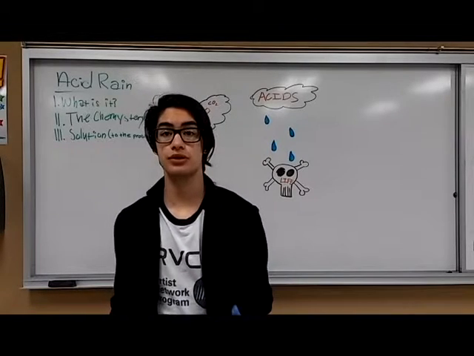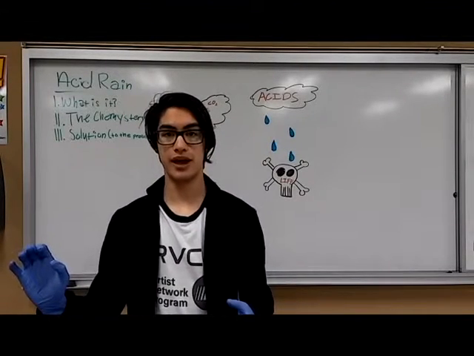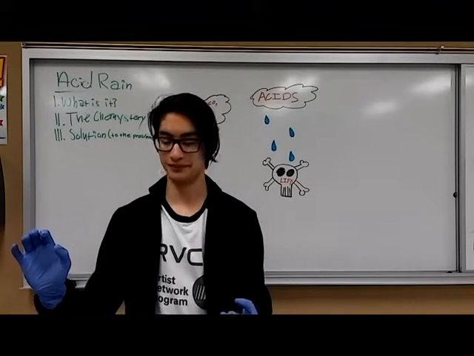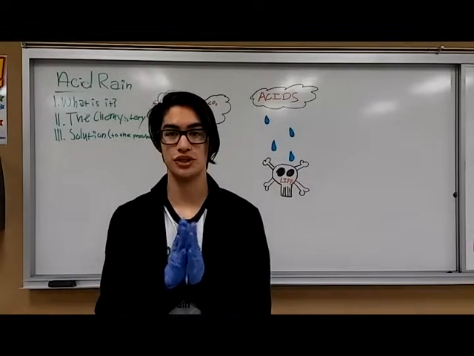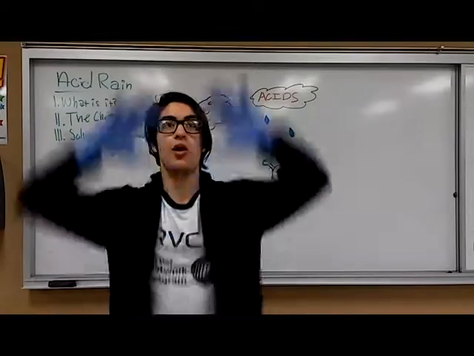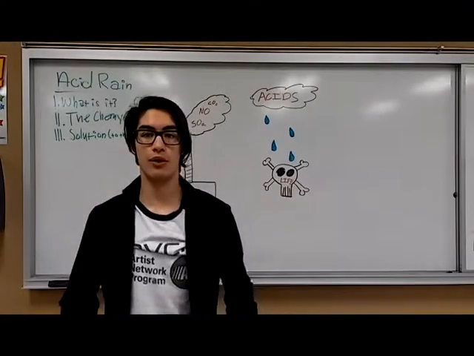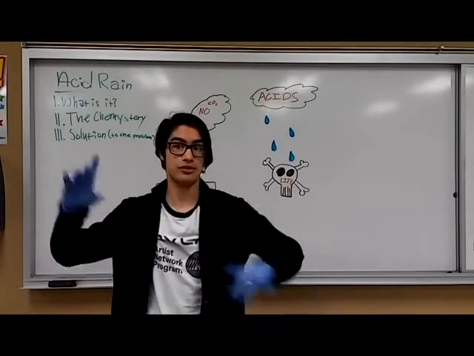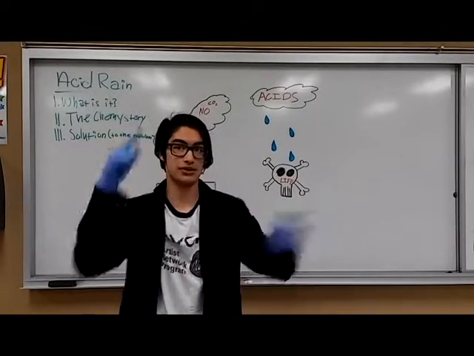When humans burn fossil fuels, they release sulfur dioxide and nitric oxide. This is released into the air. These react with water, oxygen, and other elements, and they go up into the sky. And so, wind in the atmosphere blows all this stuff thousands of miles.